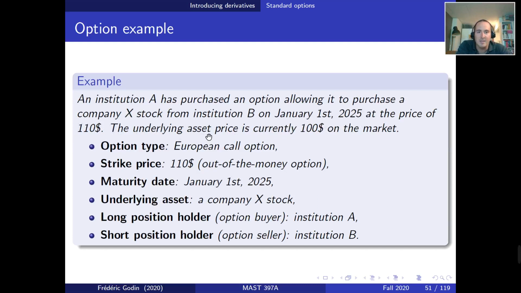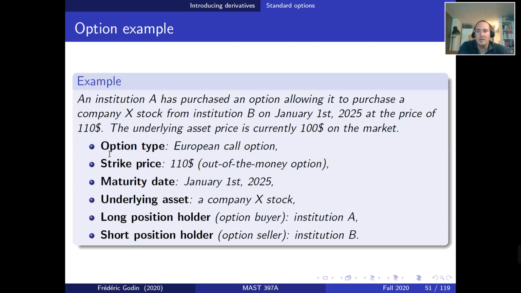The underlying asset price is currently $100 on the market. So the current price of company X stock is $100, but you can purchase the contract. The option contract allows institution A to purchase it at $110 in the future.